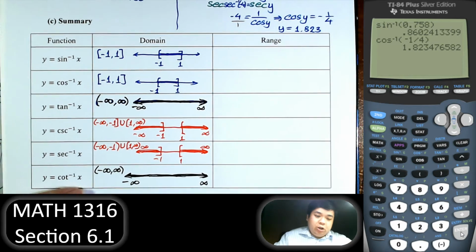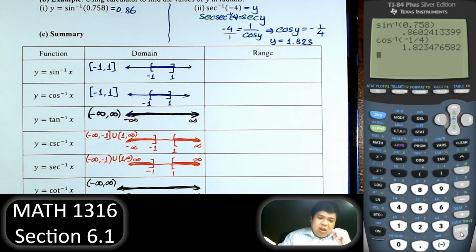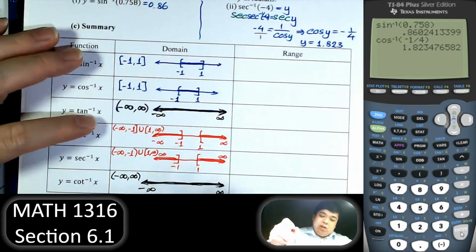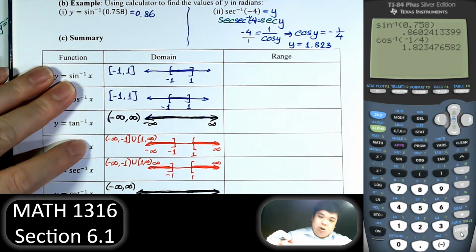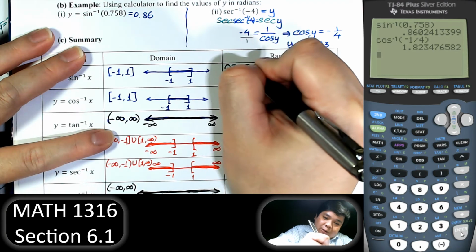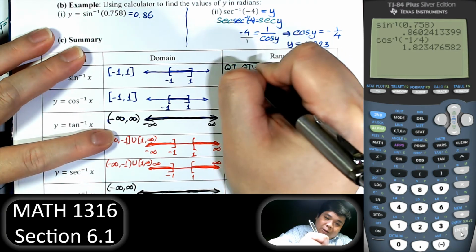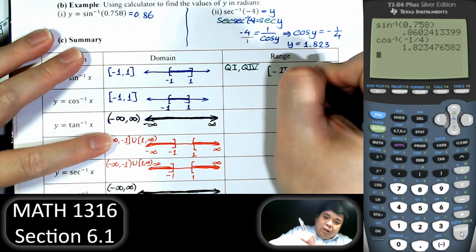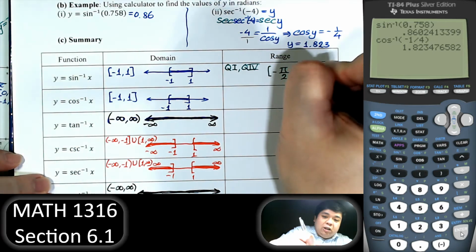In terms of range, there will only be two kinds. First, the sine inverse. We just say that it's in quadrant 1 and quadrant 4, right? So that exactly is in quadrant 1 and quadrant 4, -pi/2 to pi/2. So that's for sine.